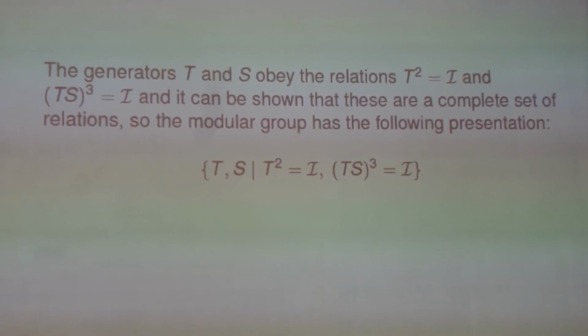Therefore, we can show that this group is a free product of Z2 with Z3. That's another way of putting it.